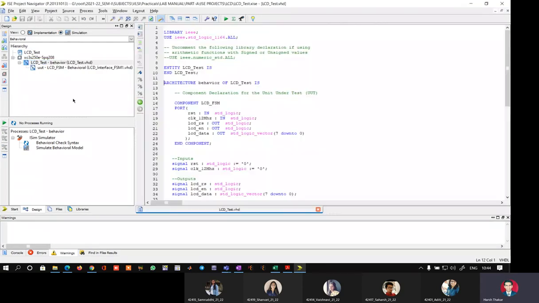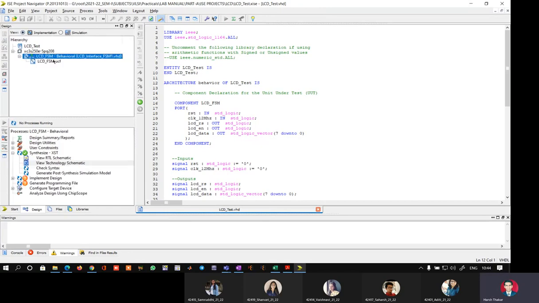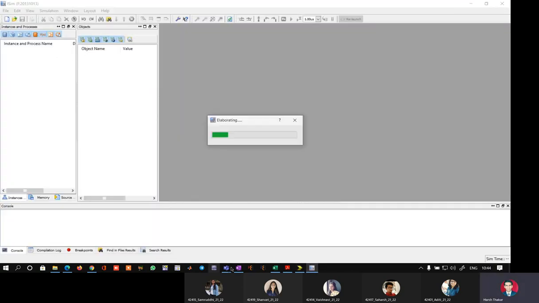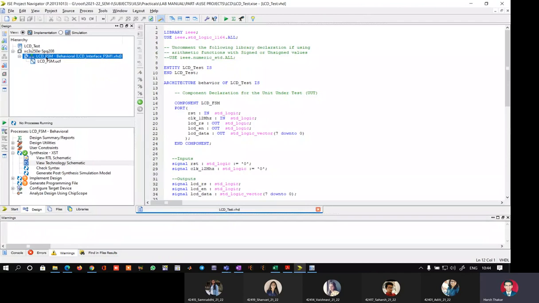So open the test bench, check syntax, and now I will run it. Run the test bench. And what we are expecting to see, students, are these codes.